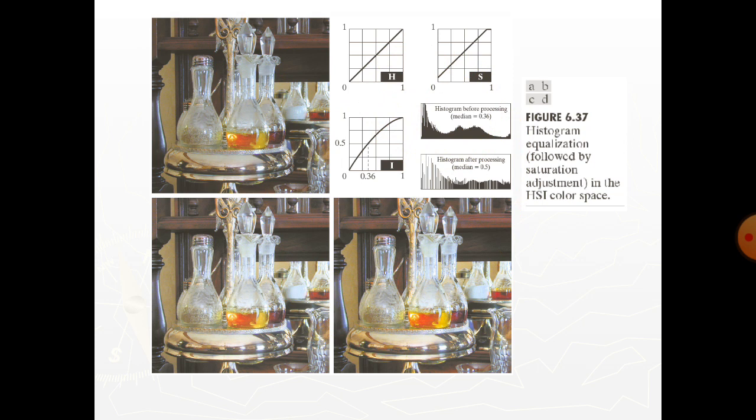Histogram equalizing the intensity component without altering the hue and saturation resulted in the image shown in figure C. Note that the overall image is significantly brighter and that several moldings and the grain of the wooden table on which the caster is sitting are now visible.